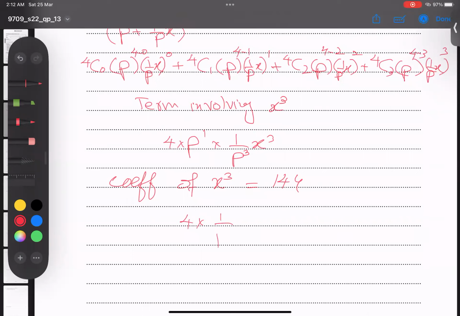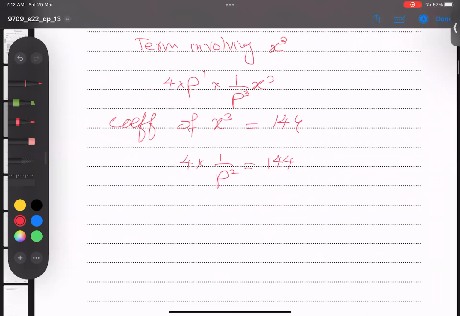So I get 1 over p to power 2 equal to 144. P square multiplies there, so I get 4 equal to 144 times p square. After that, 144 will come down. It becomes 4 over 144 equal to p to power 2.